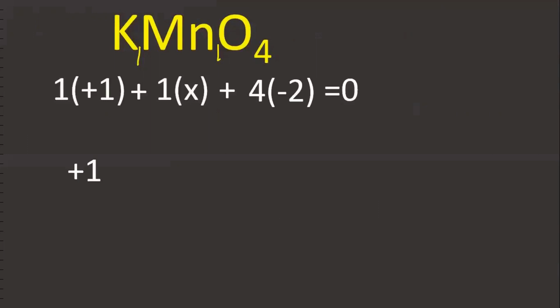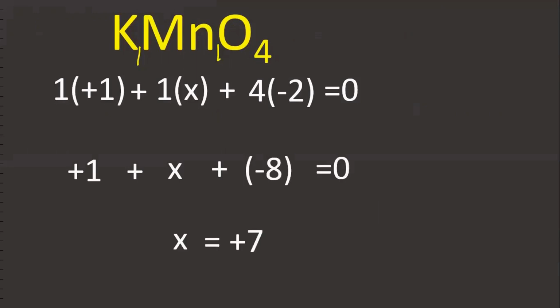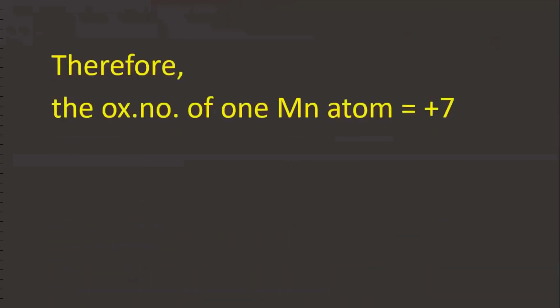Substitute these values: 1 potassium +1, manganese X, 4 into -2, equals 0. Now, 1 + X - 8 = 0. From that, what we get? X = +7. Understand that oxidation number of manganese atom is +7 in KMnO4.